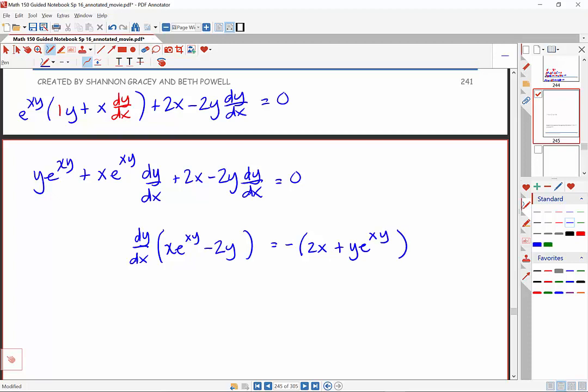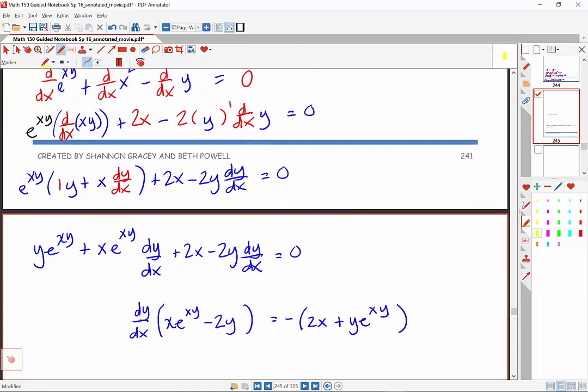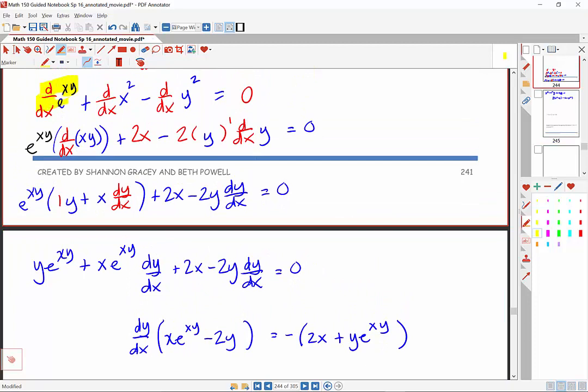And just so you can keep track of which derivatives match up to each other, this whole thing ended up being this. Of course, this one should have been relatively easy for you.